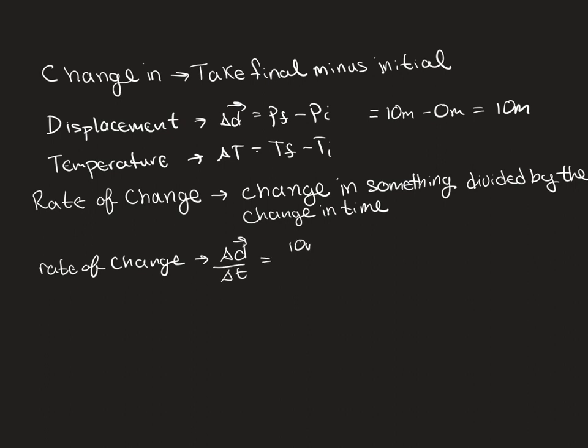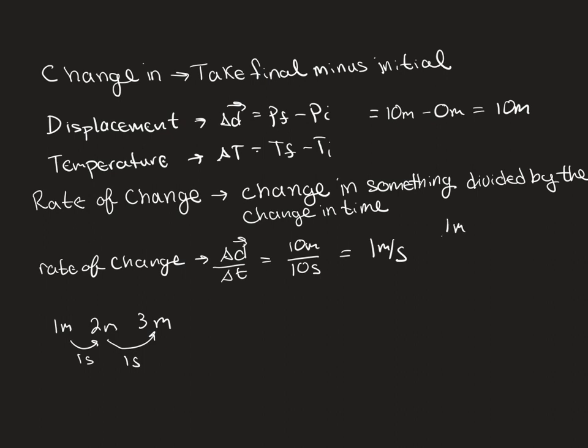So if we take 10 meters divided by 10 seconds, that's going to equal 1 meter per second. So after 1 second, you're going to have gone 1 meter. Then 1 second later, you're at 2 meters. Another second, you're at 3 meters. So there's going to be 1 second in between each of these steps. It's telling you the rate at which your displacement is changing.